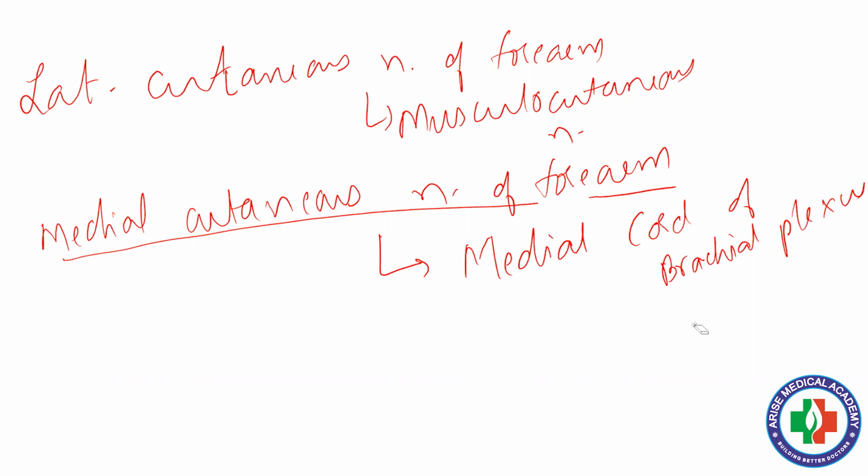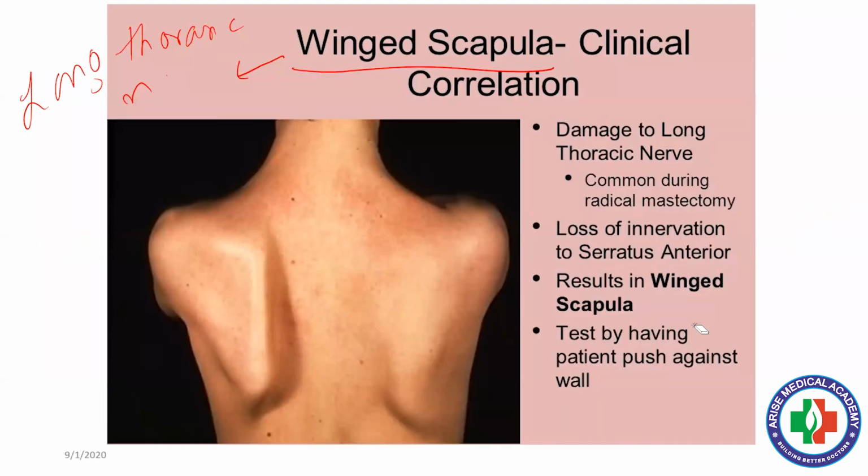Next, suprascapular nerve coming from the upper trunk and the nerve to subclavius. Branches of the lateral cord: lateral pectoral nerve supplying pectoral muscles, musculocutaneous nerve supplying the muscles of the anterior aspect of the arm, and the skin over the lateral aspect of forearm. So that is all about the lateral cord of brachial plexus.